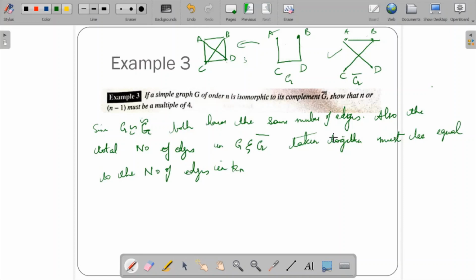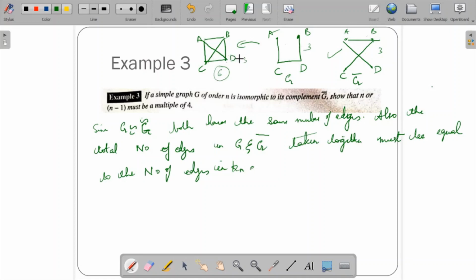So what is the statement he has told? Also the total number of edges in G and G bar. Here we have 3 edges, here we have 3 edges, here we have totally 1, 2, 3, 4, 5, 6 edges. So the total number of edges in G and G bar taken together must be equal to the number of edges in the complete graph, Kn.